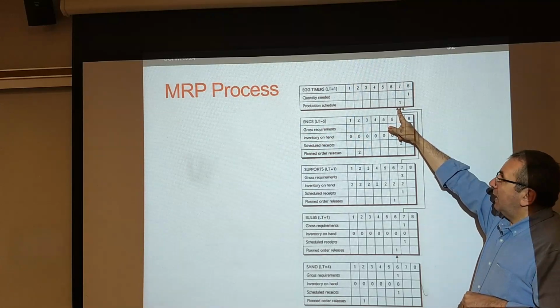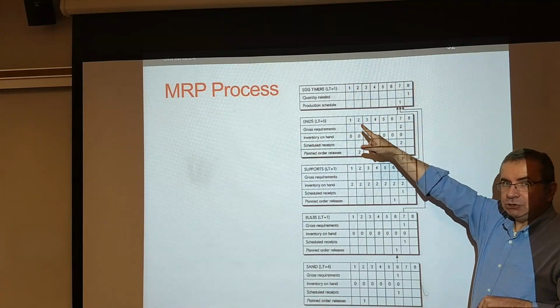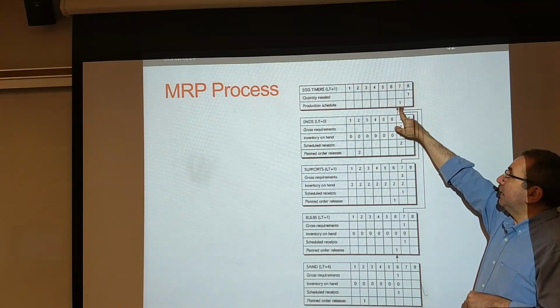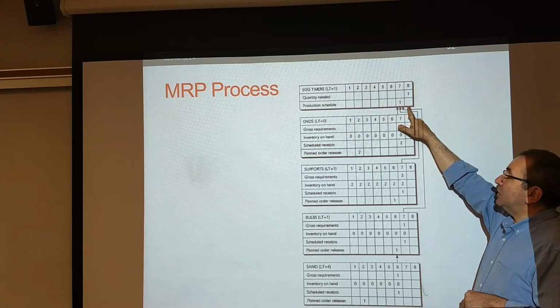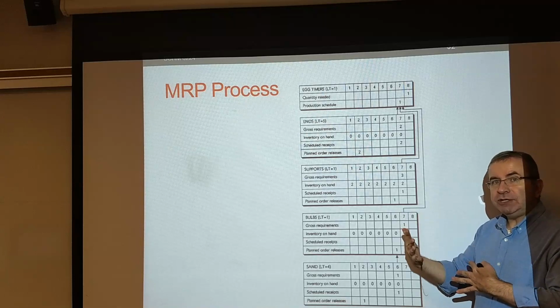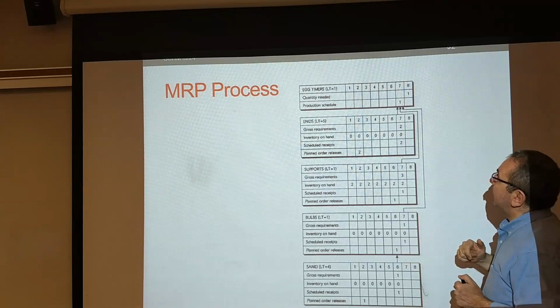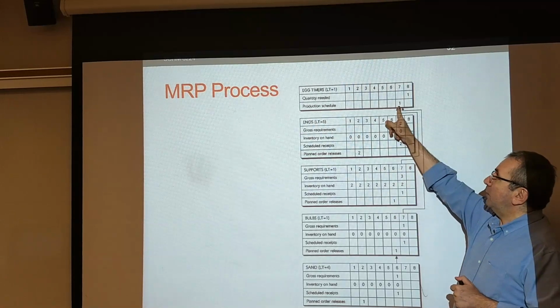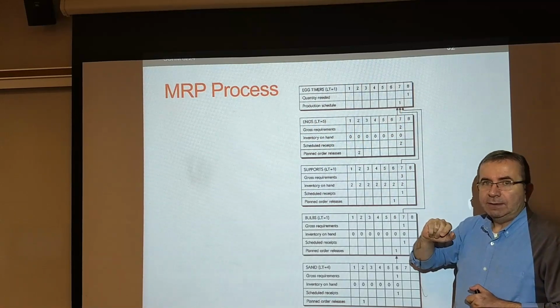Okay? Because it takes 1 period to make an egg timer. You start production in period 7, and in period 8, your egg timer will be complete and finished and ready to be shipped. Okay? So this is the master production schedule. It tells you what to produce when.